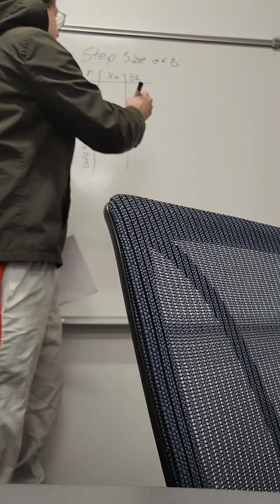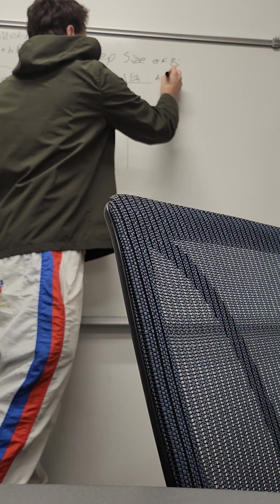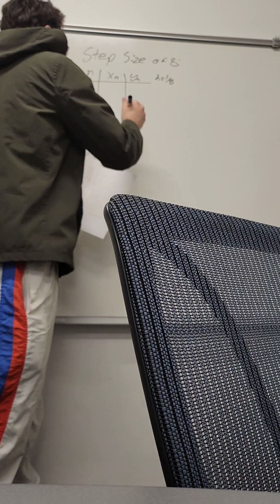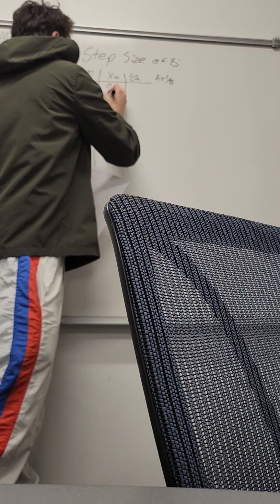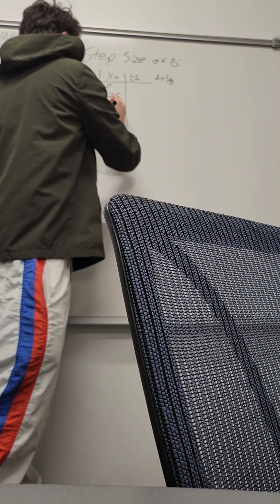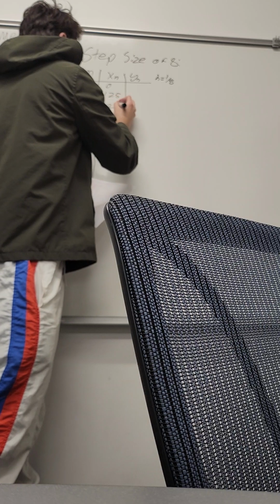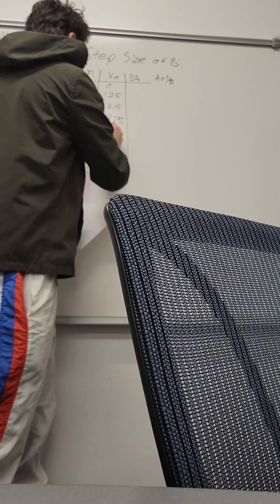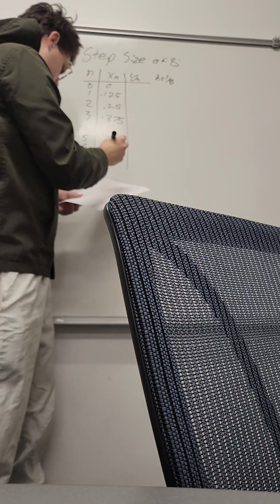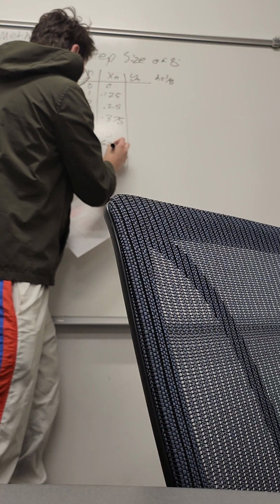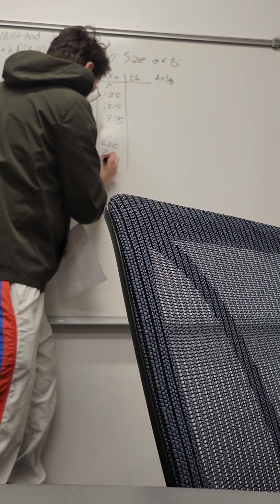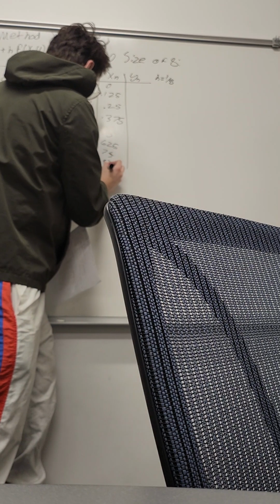And we're going to be doing this at little steps of 1/8 size, so the x values are going to be 0, 0.125, 0.25, 0.375, then 0.5, 0.625, 0.75, 0.875, and 1.